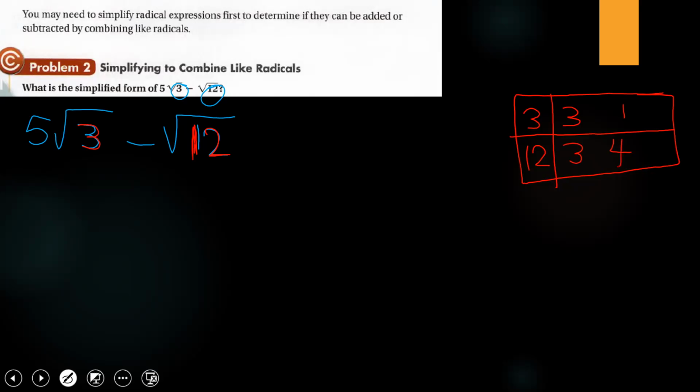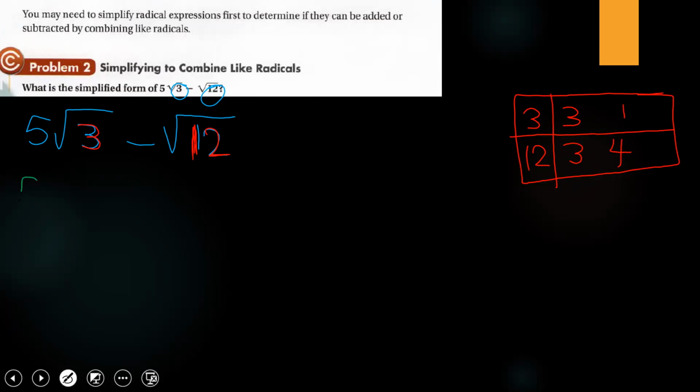Is it right now? Yes. I factor 3 and I factor 12. But when I want to write the factors of 12, I have to ask myself, I want the number 3 to be one of them. So you tell me 3 times 4. So now, after this step, let's come back here.